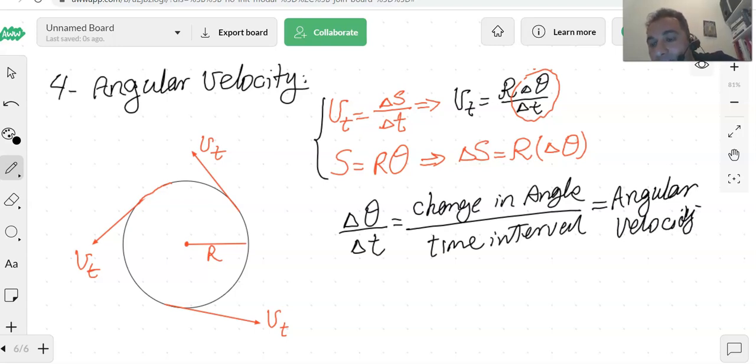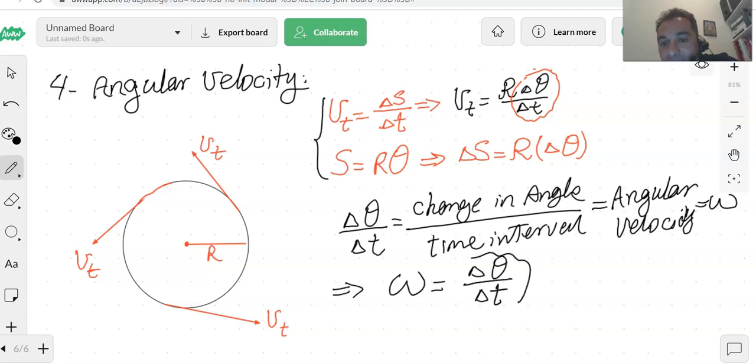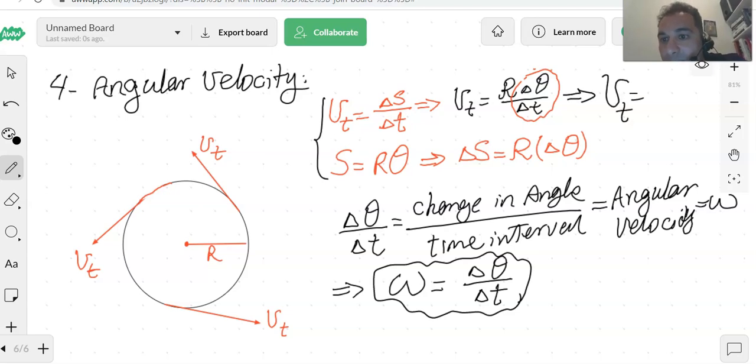Let's call it omega. Therefore, what is omega, guys? It's delta theta divided by delta t. Correct? So Vt becomes equal to R omega.